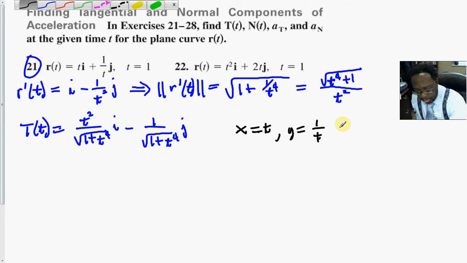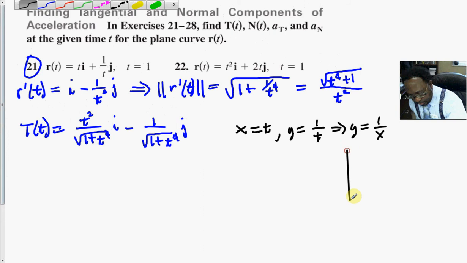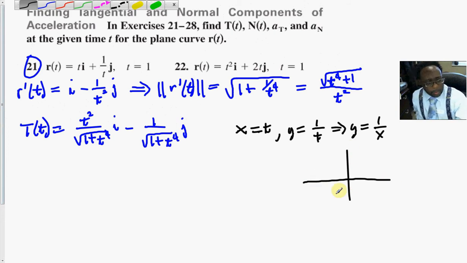So if x is equal to t, this implies that y is equal to 1 over x. So we got an asymptotic function, and then at t equal to 1, we get 1 and 1. So say we're there.